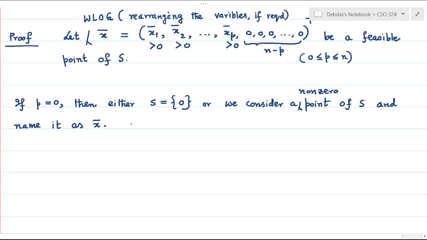So here if S equals {0}, meaning this 0 is the zero vector in Rn, then this point 0 is an extreme point, and therefore it is a basic feasible solution to S. And the proof is over, because in that case the optimum solution will be 0.